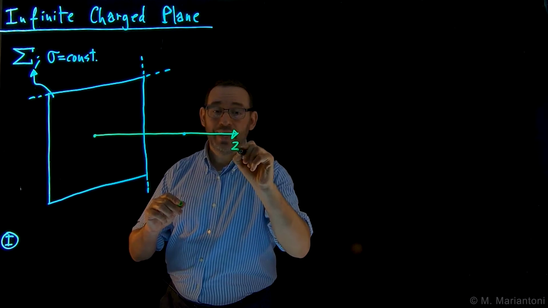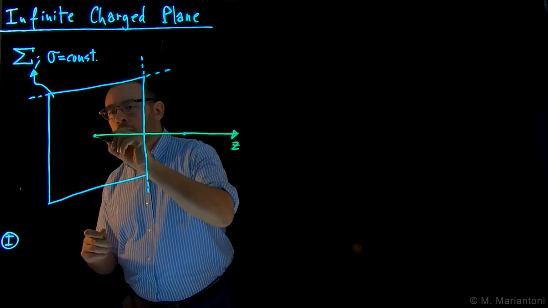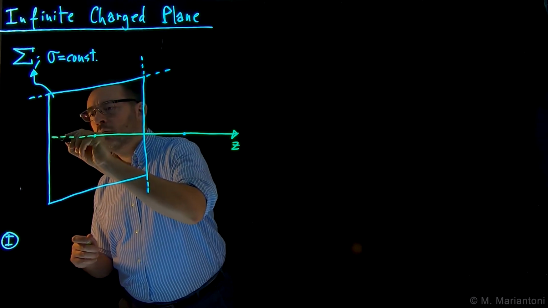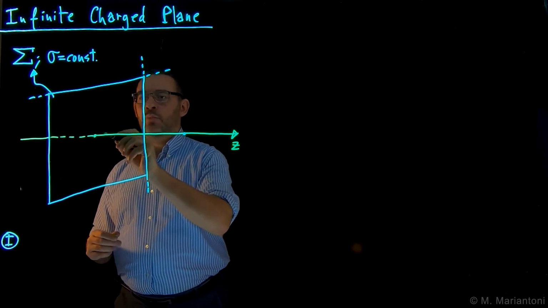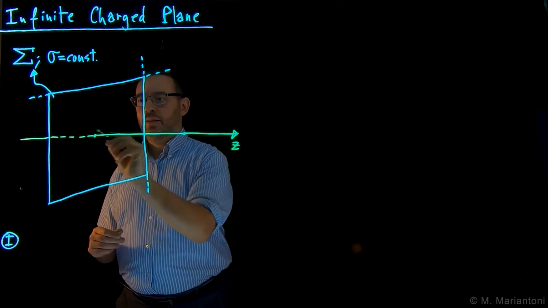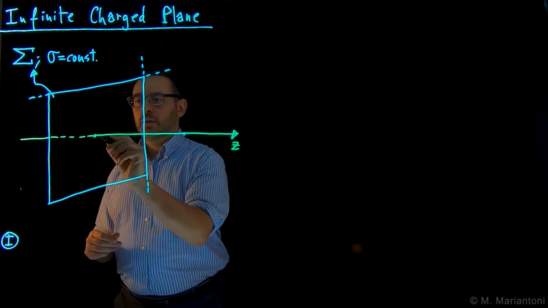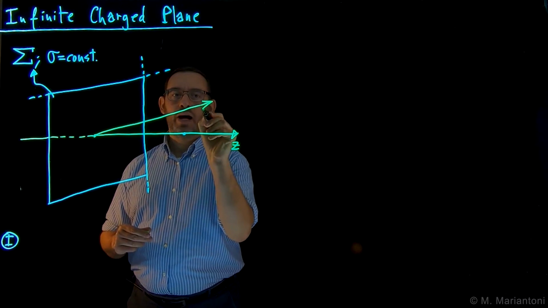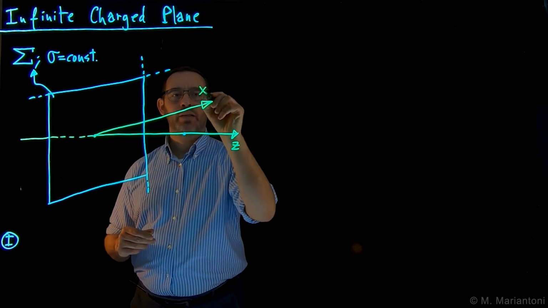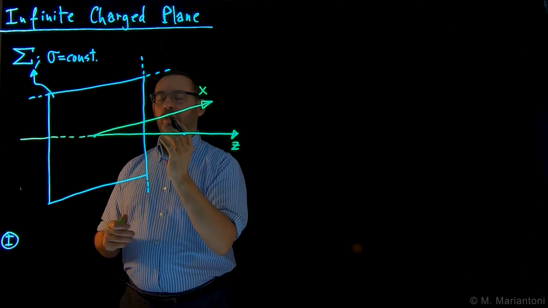This is the z-axis. I choose to call it z. And here, of course, the coordinate system continues on the other side of the plane. This one, parallel to this, I will call the x-axis. It has to follow the right-hand rule.